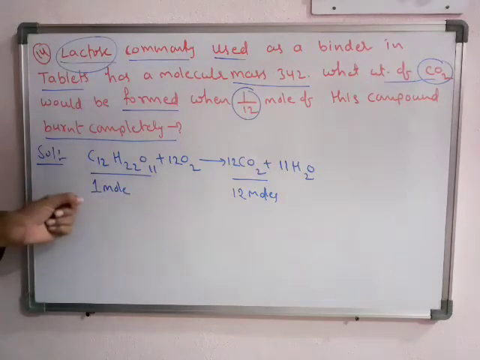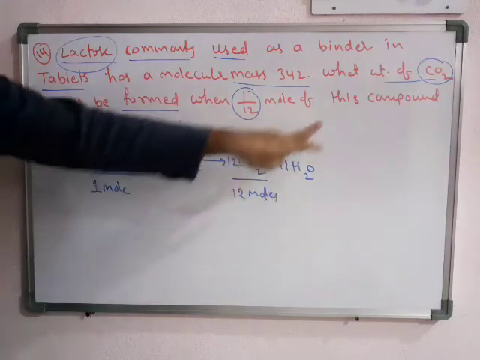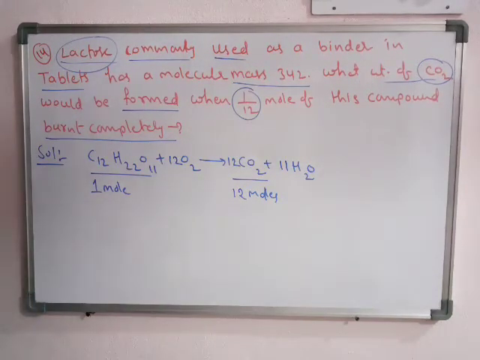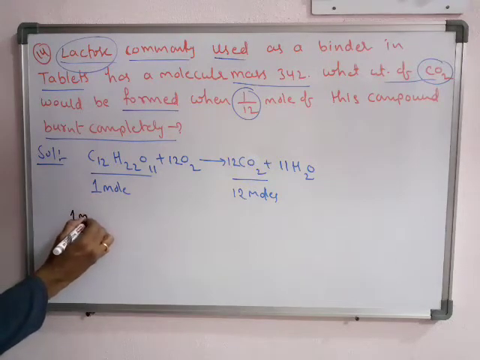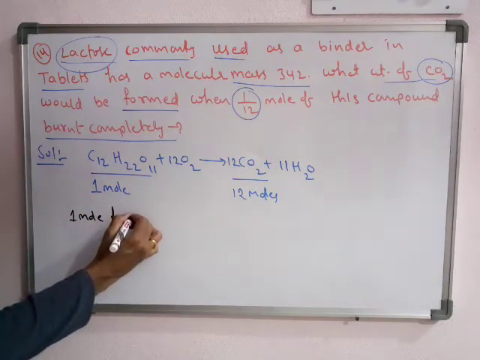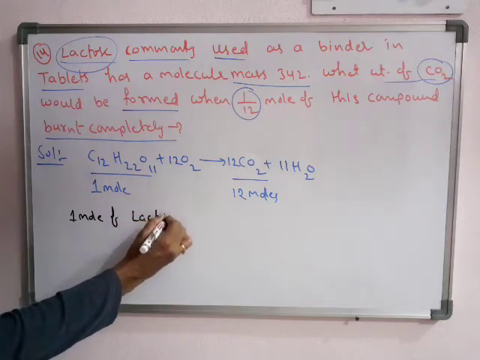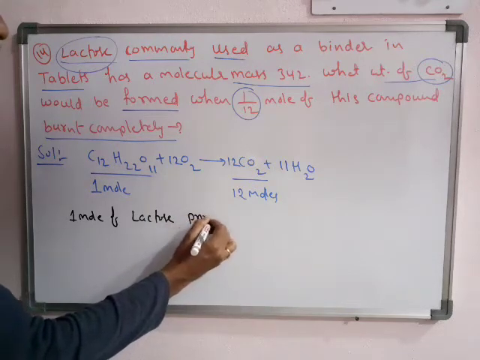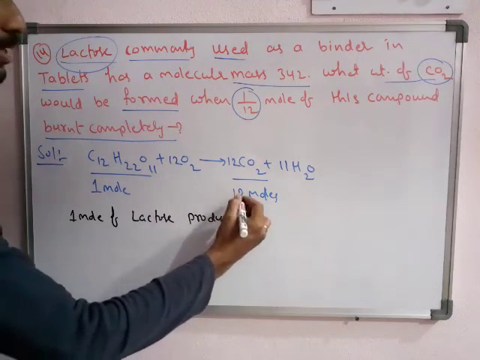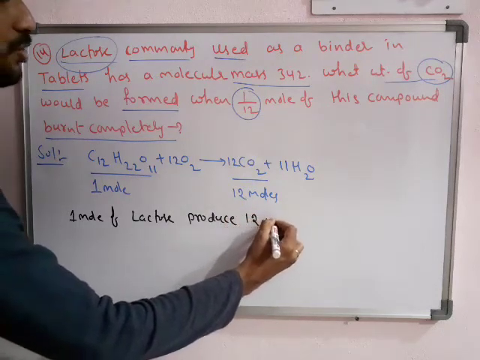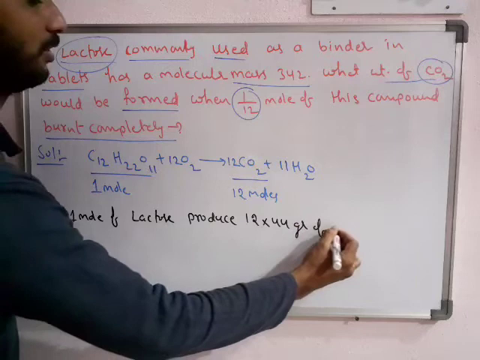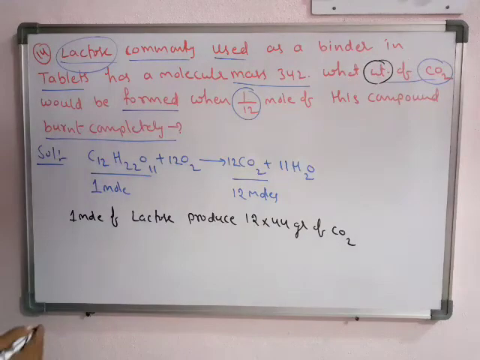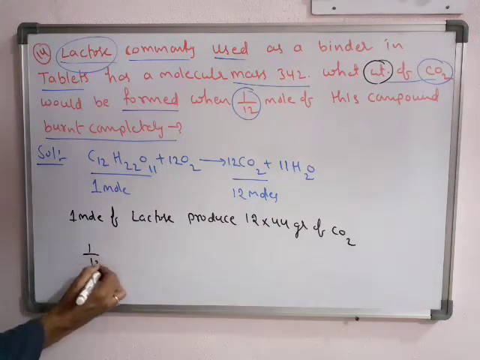But here it is given in terms of mass, so we can write that 1 mole of lactose produces 12 into 44 grams of carbon dioxide, because we want the carbon dioxide in terms of mass.